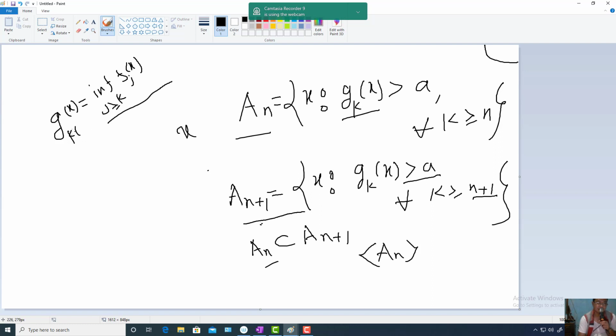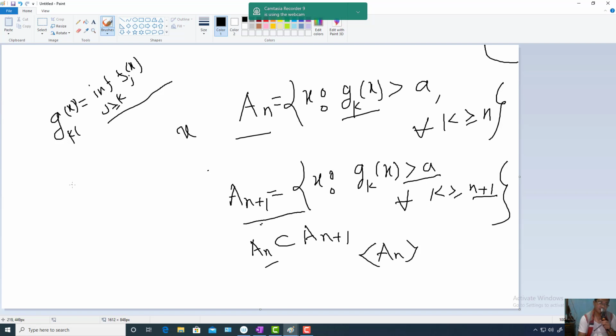You are taking the infimum from j starting from k, that is f_k, f_{k+1}, f_{k+2}, f_{k+3}, a sequence of functions. So you take the infimum, the minimum one, and the minimum will be less than every member of the sequence, no?